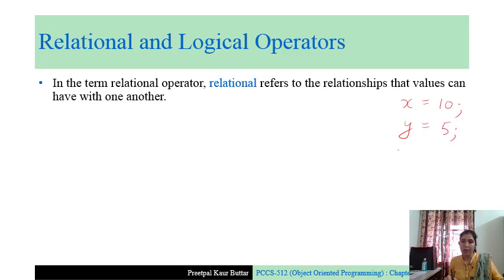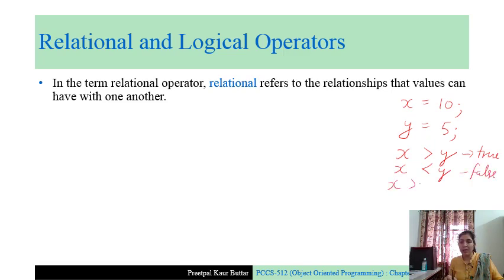How can we compare? We want to find whether x is greater than y. So this is a kind of relationship of x with y, the greater than relationship of x with y. So this relationship is true. Similarly, we can test whether x is less than y. This is false.